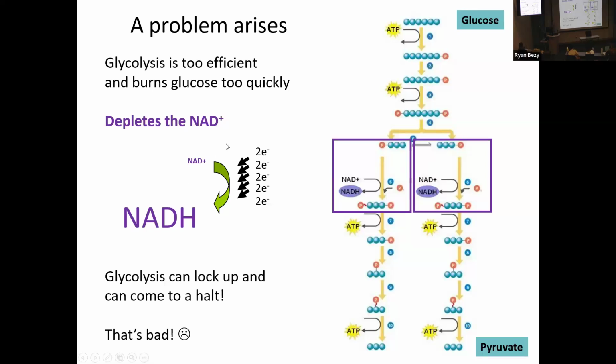As those electrons get stripped off of these sugars, they go onto NAD+, and those electrons convert it into NADH. And sometimes glycolysis does this so well that it converts almost all of the NAD+ in the cell into NADH. And then you're left with no NAD+ left in the cell, or very, very little of it. In essence, the cell runs out of that NAD+.